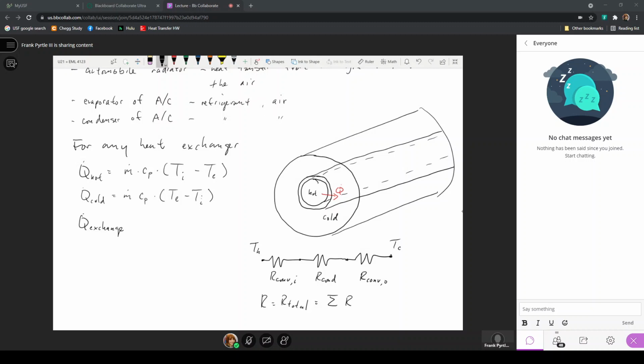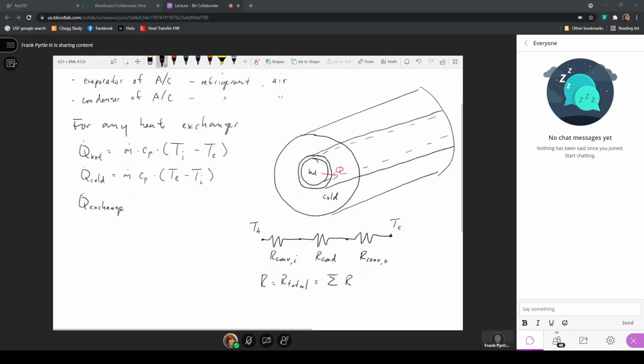Well, we know that there will be a heat transfer coefficient associated with the resistance due to convection.